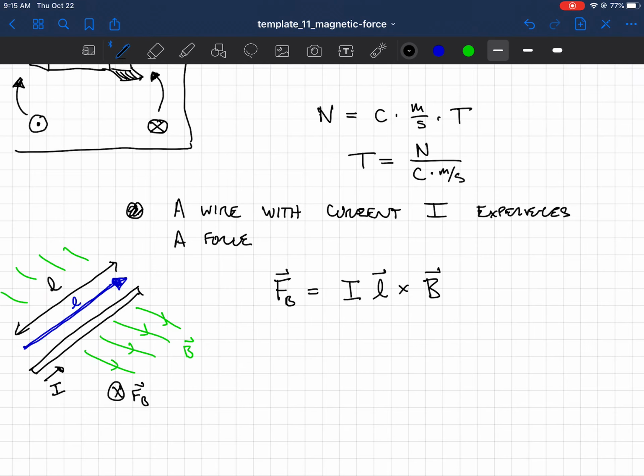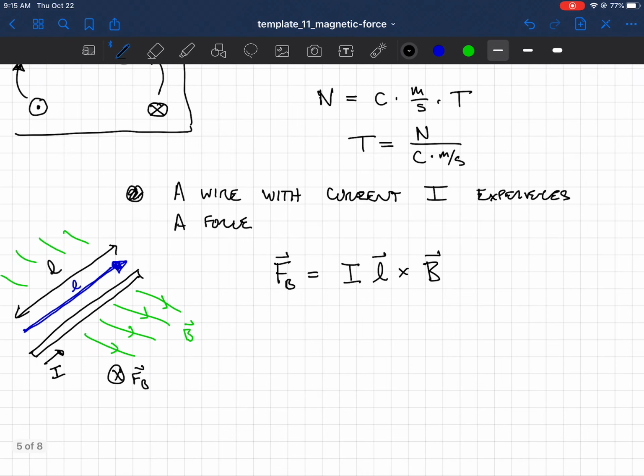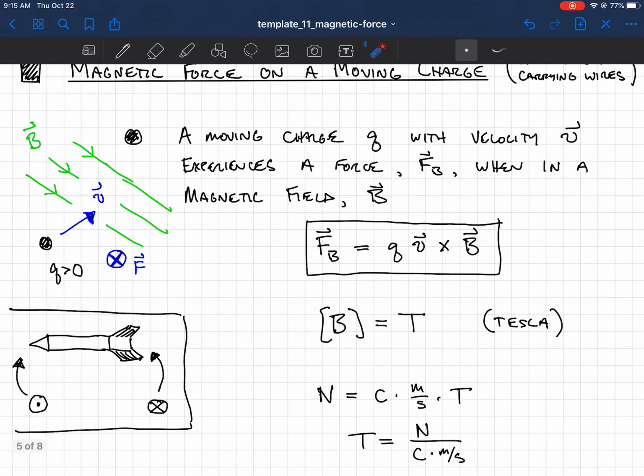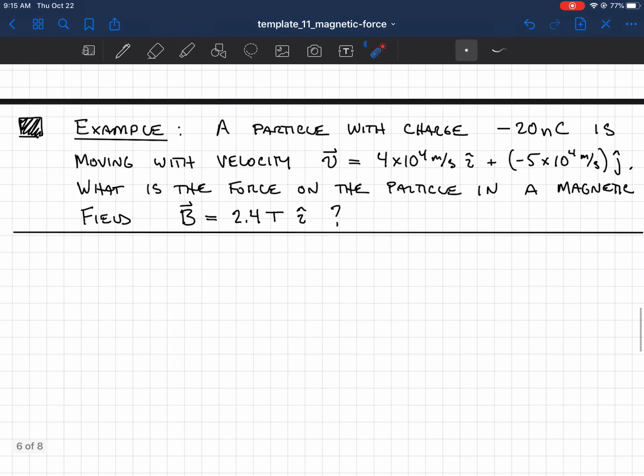That's our FB force. I don't think we'll do any examples with that today, but we'll certainly see that in the future, that a current carrying wire also experiences a force, exactly because a current carrying wire has charge moving. And if that's in a magnetic field, then you get a force on those charges.